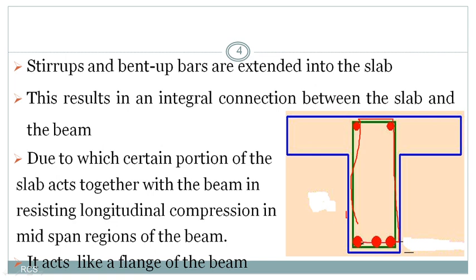This makes an integral connection between the slab and the beam. That's why we can call this slab an integral part of the beam. So due to this portion, the slab will give extra concrete to the beam in the compression zone.